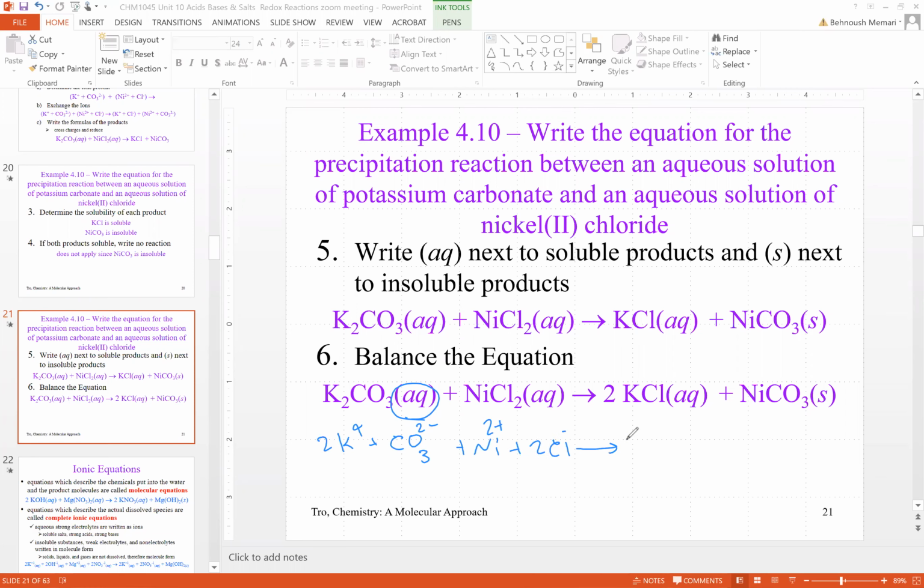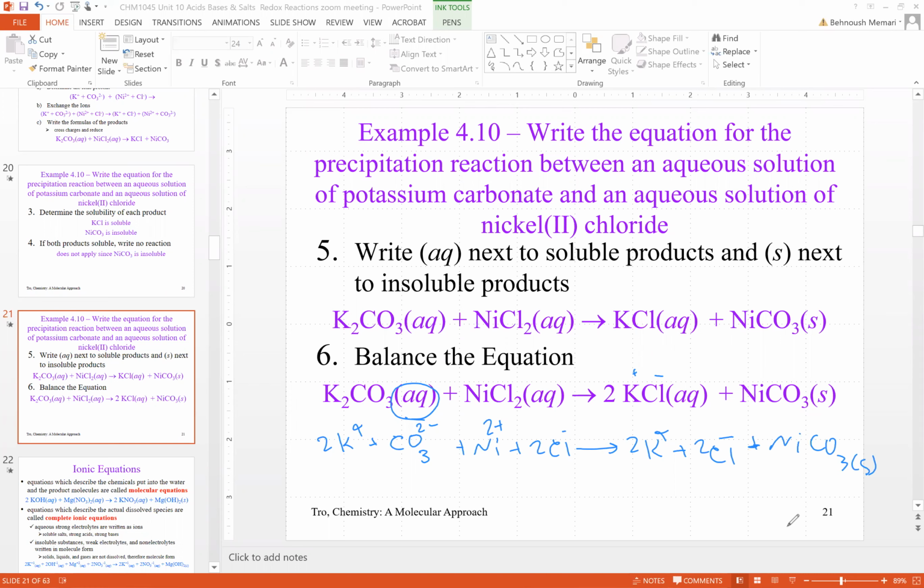On the product side, we have 2 potassium ion, 2 chloride ion, because potassium chloride is potassium plus and chloride minus. The coefficient 2 is just to balance the equation. Then when it comes to nickel carbonate, because it's solid, you're not allowed to separate it. So you would write it as it is. So this is the complete ionic equation.